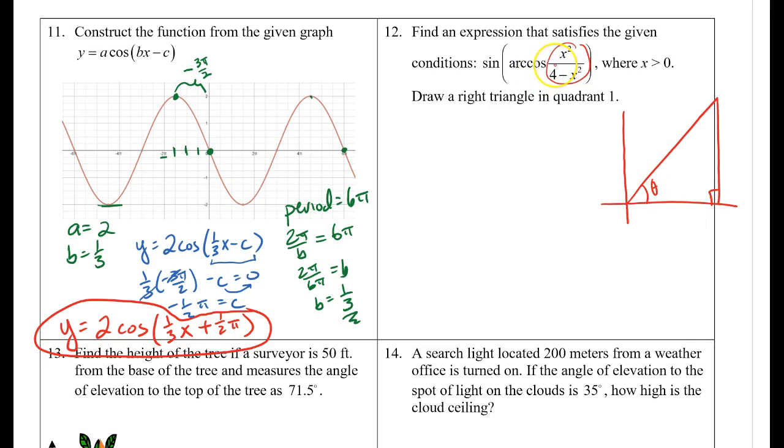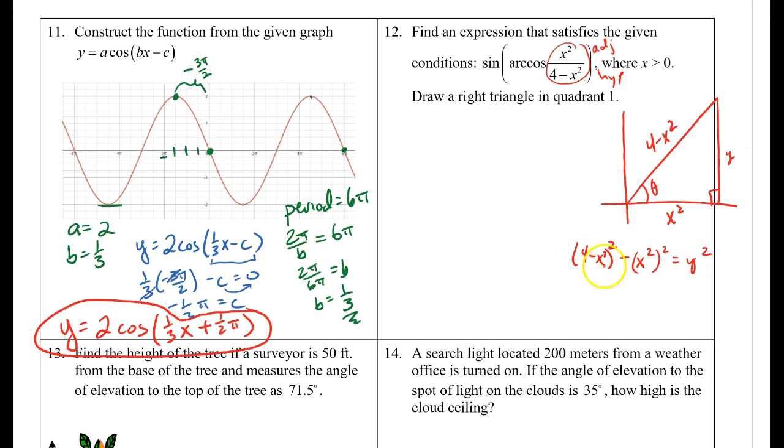we know that cosine is adjacent over hypotenuse. So that's x squared, and this is 4 minus x squared. And to find this missing side, we're going to have to use the Pythagorean theorem. So we're going to have 4 minus x squared, quantity squared, minus x squared is equal to y squared.